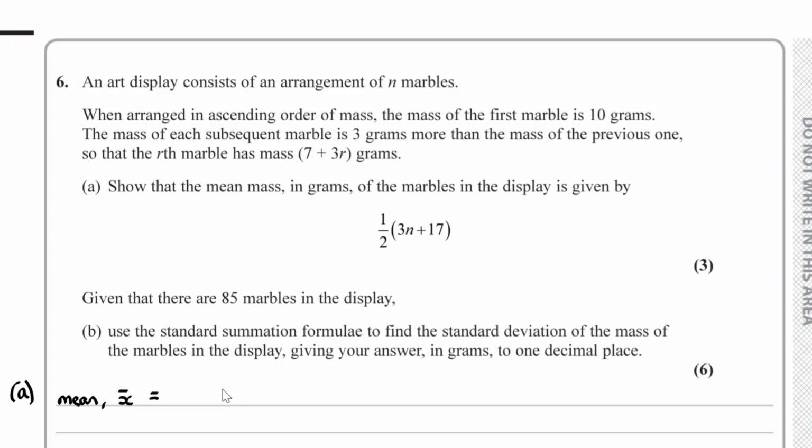So we have the sum from r equals 1 to r equals n of 7 plus 3r, and then we divide by how many there are. There's n marbles, so we divide by n. Hopefully that makes sense.